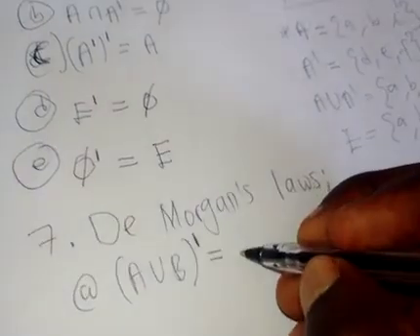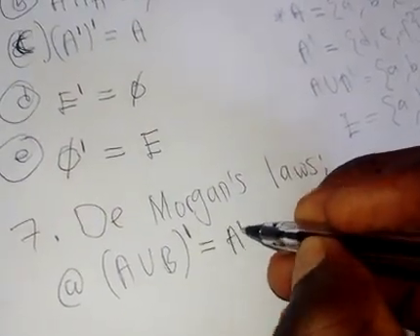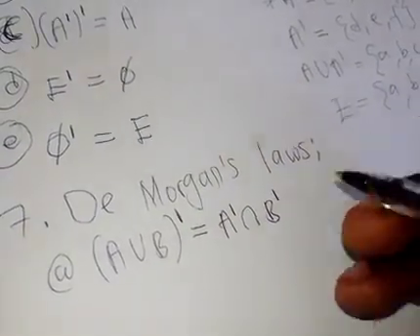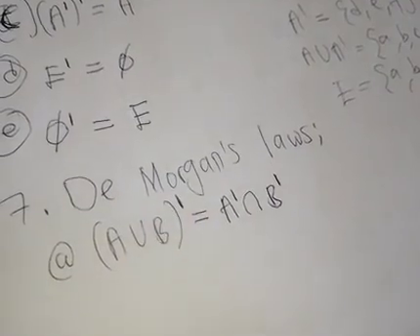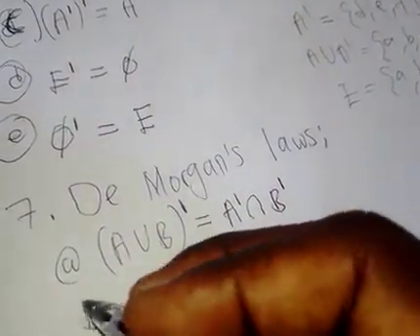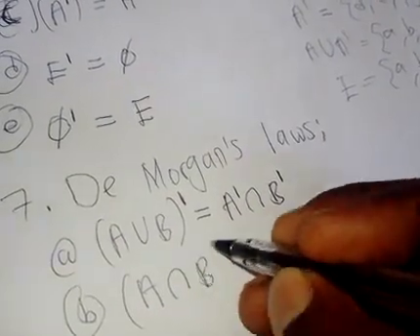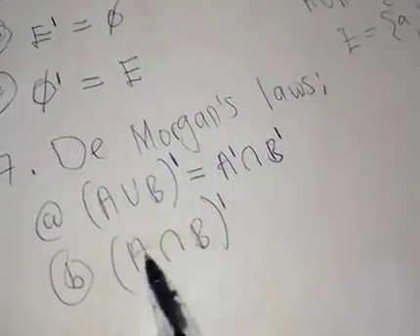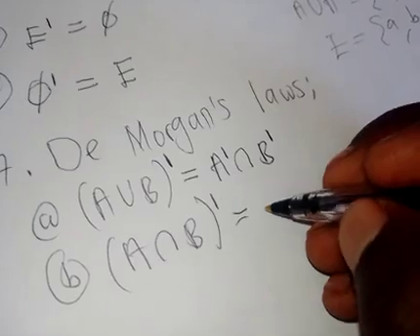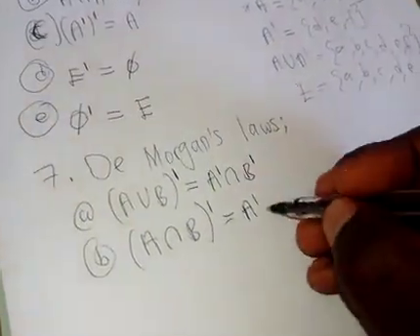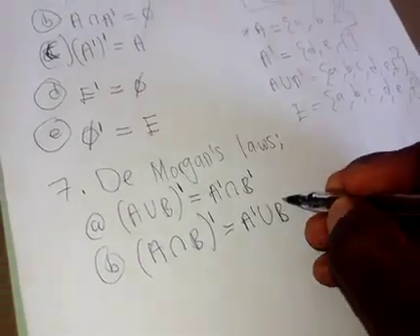So we have A complement, then union changes to intersection, B complement. You should master this. This is called De Morgan's laws. Then the second one: if you have the complement of A intersection B, distributing that complement, you end up having A complement, the intersection changes to union, B complement. These are called De Morgan's laws.